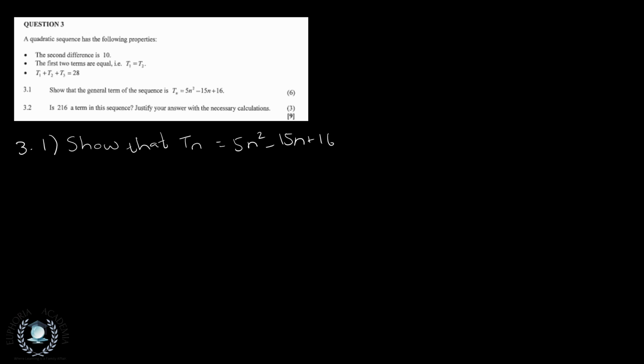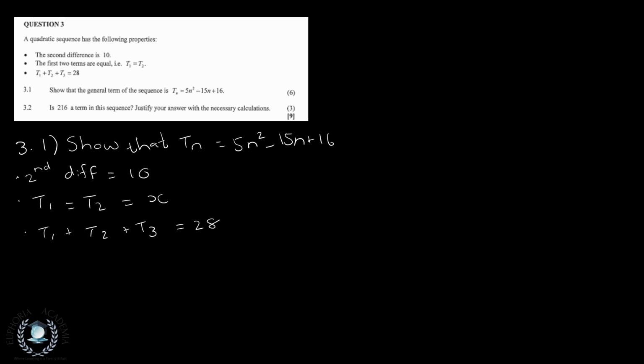Our second difference is equal to 10, and the first two terms, T1 is equal to T2, I'm just going to call them x, and then T1 plus T2 plus T3 is equal to 28.